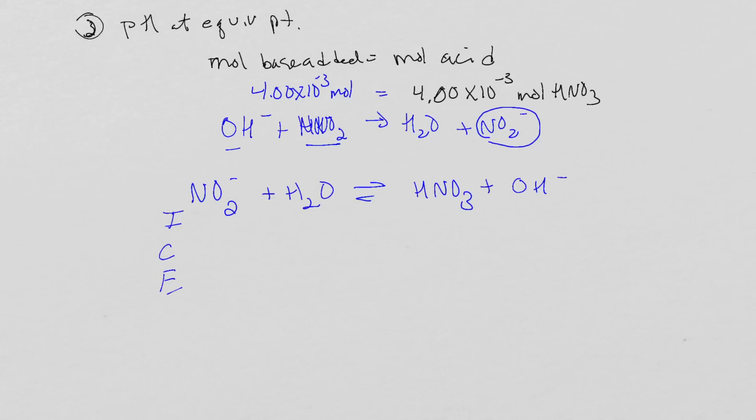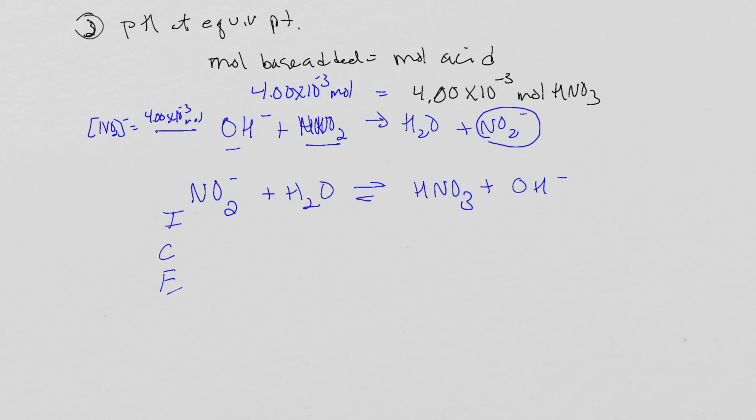To get that in terms of a concentration, we're going to divide by our volume. So our concentration of NO2 minus is going to be our moles, 4 times 10 to the minus third, divided by our total volume.